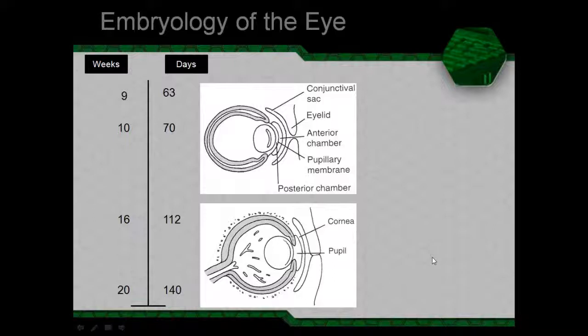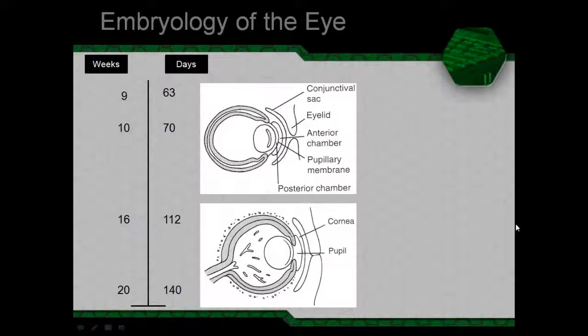Okay? So, we can also see in this image that the portion of the hyaloid artery that I mentioned earlier that traverses the vitreous body degenerates. Okay, now folds of skin from the future eyelids right here and the conjunctival sac here of the upper and the lower eyelid, they fuse together.